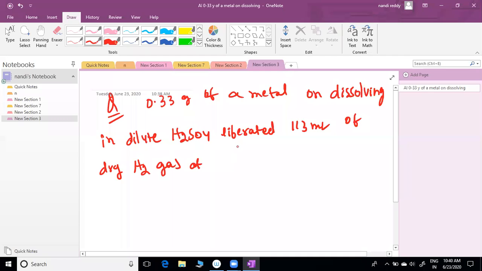NTP or STP, both are the same. Calculate the equivalent weight of the metal.